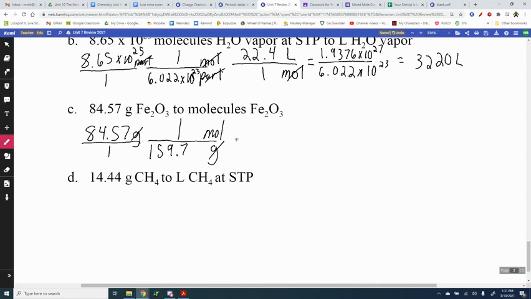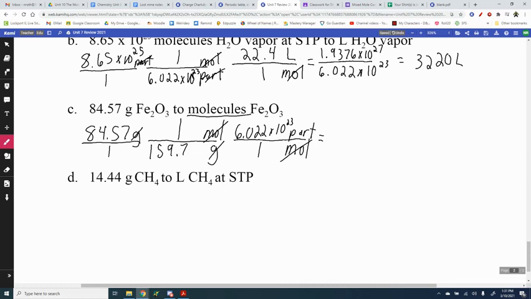That is not where we want to be, so we need to do another conversion factor. Moles on the bottom to cancel out moles. We are going to molecules, so we put that on top. We're just going to put particles, though. 1 goes next to moles. 6.022 times 10 to the 23rd goes next to particles. Moles cancels out. We're left with particles. That is where we want to be. So now we do our math.